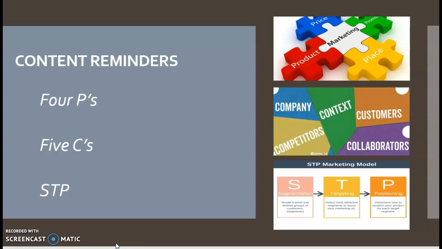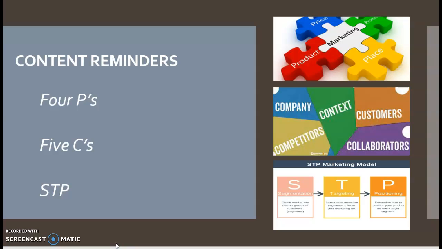Things to interpret or bring into your case, the 4 Ps, product, price, promotion, placement, the 5 Cs, company, context, customers, competitors, collaborators. Now that was consistently what I observed was lack of 5C discussion. I have posted some resources under the Share a Resource tab in Moodle to give you a little bit more background on the 5 Cs.